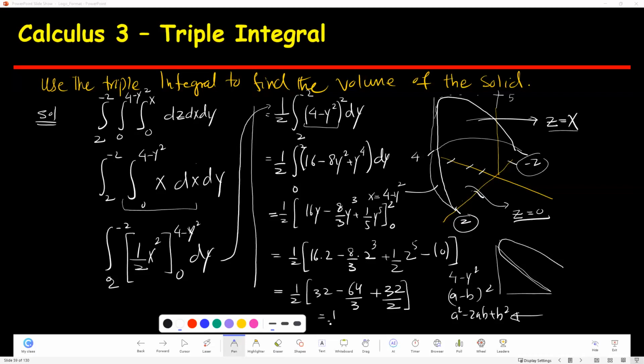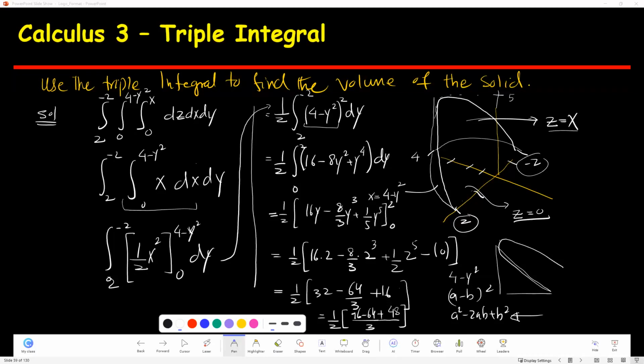We can just solve this one. 32 divided by 2 will be 16. So I'm going to take a common denominator of 3: 32 times 3 is 96, minus 64, plus 48, all divided by 3.